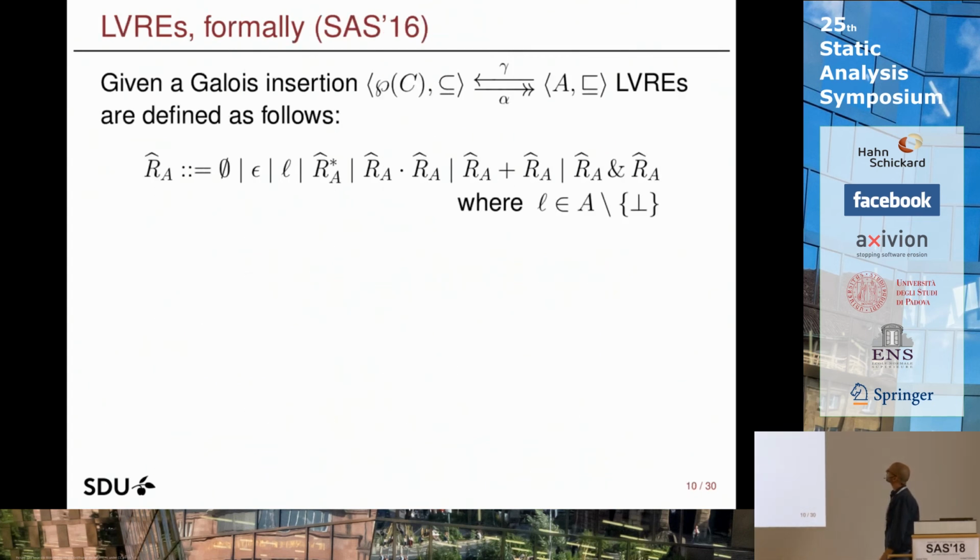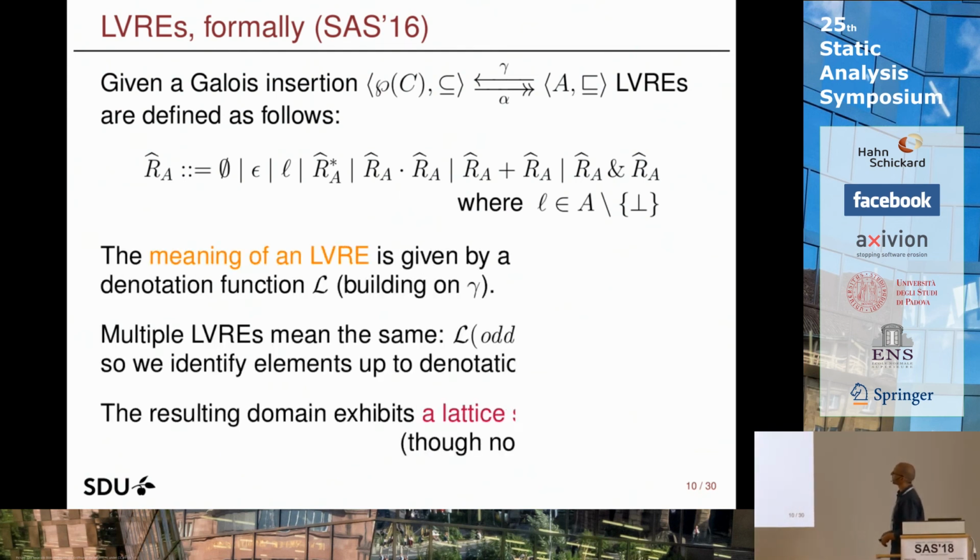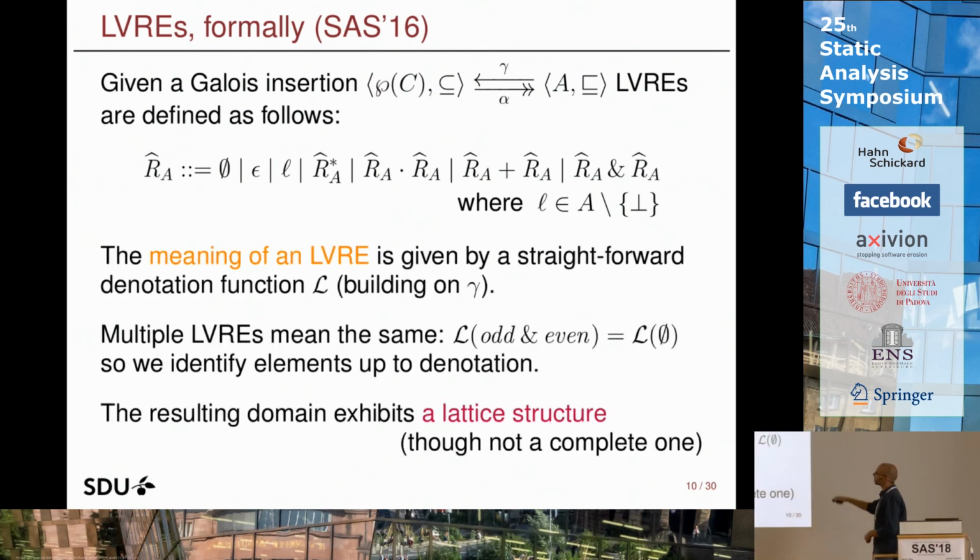Formally, we had a SAS paper 2 years ago describing how, if you fill in a Galois insertion, lattice-valued regular expressions are like ordinary regular expressions, but where these characters, the L's here, are taken from the abstract domain, with some additional requirements, I should say. So the meaning of a lattice-valued regular expression is a structural definition over this thing, of course.